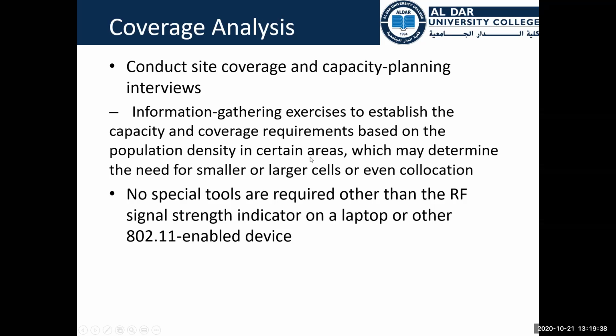Some places in the company have higher people density than others, so you can increase the number of access points in one place and decrease them in another. Also, no special tools are required.